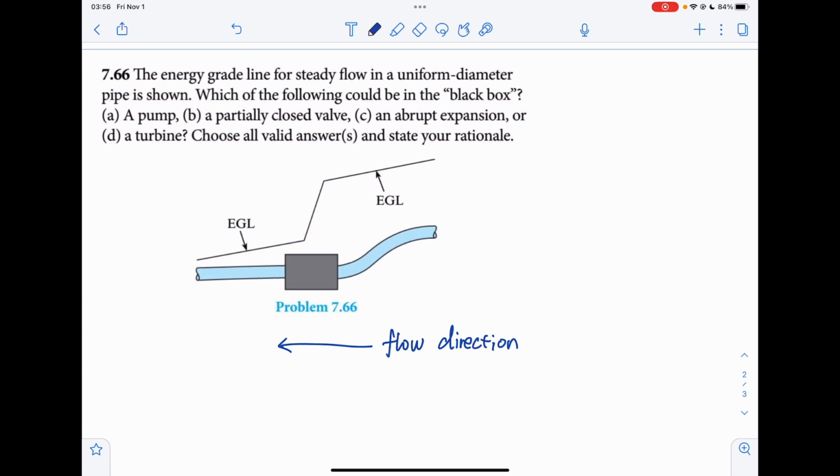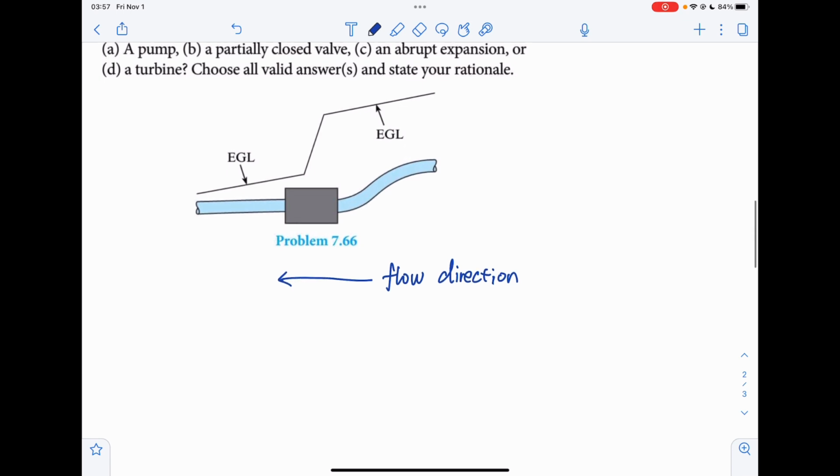So that means this thing in the middle is extracting energy from the system. So it could not be a pump, because a pump is adding additional energy to the system. So we can choose B, C, and D.